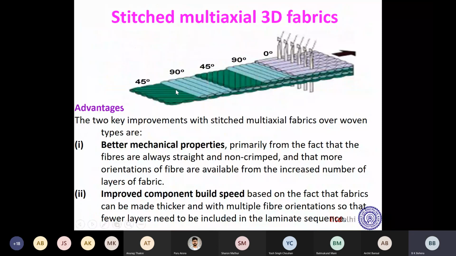Look at, if you take the fabric, this is warp and weft. Here it is warp direction. Here it is weft direction. Here it is warp at 45 degree. Here it is weft at 45 degree. So it gives an isotropic structure. You can arrange in every layer the direction of orientation of warp and weft at a different angle. So overall the 3D which we get is an isotropic structure.